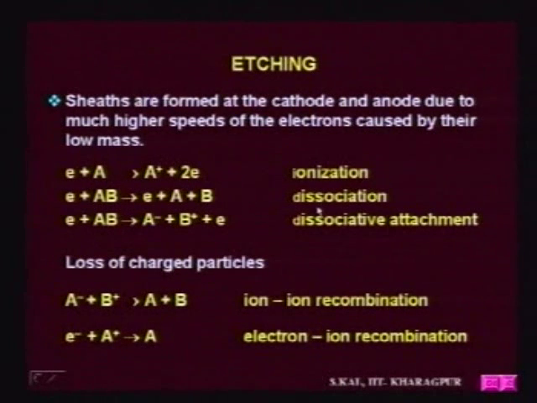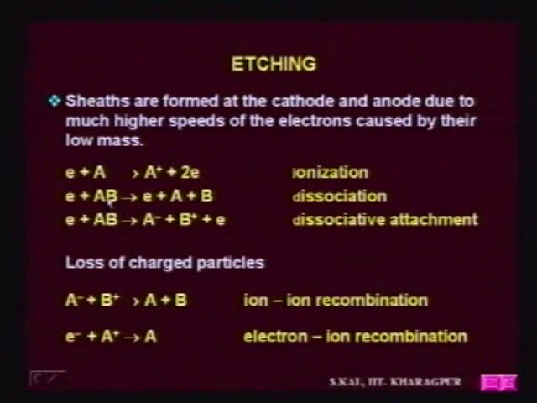And the second reaction is known as dissociation. Here AB is a gas molecule. For example, if I want a carbon dioxide plasma, carbon dioxide CO2, carbon and oxygen are there, and that is represented here as AB. For freon gas, whose formula is CF4, carbon and fluorine are there.